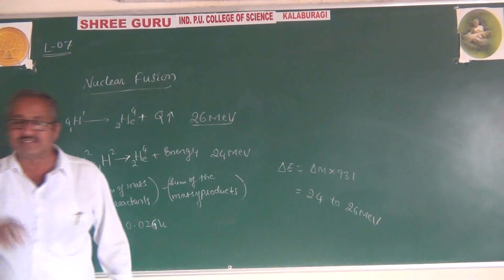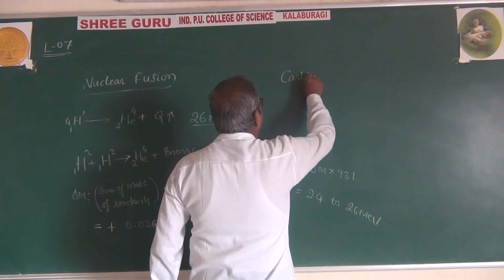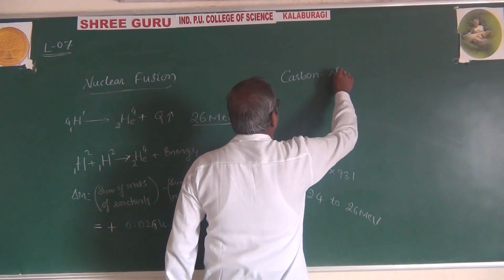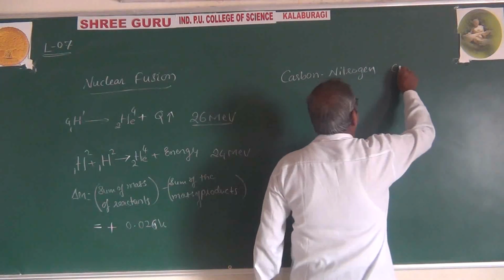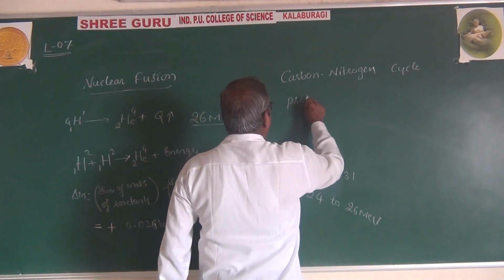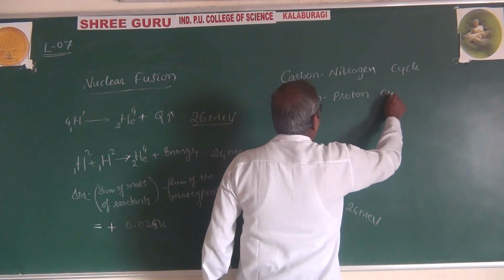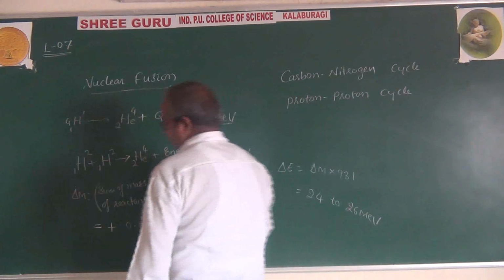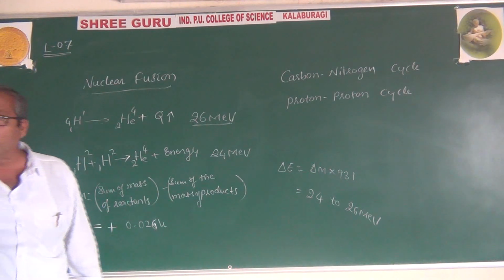Actually, there are two cycles in case of a nuclear fusion reaction. One is the carbon-nitrogen cycle, and another is the proton cycle. These are the two types of cycles in nuclear fusion.